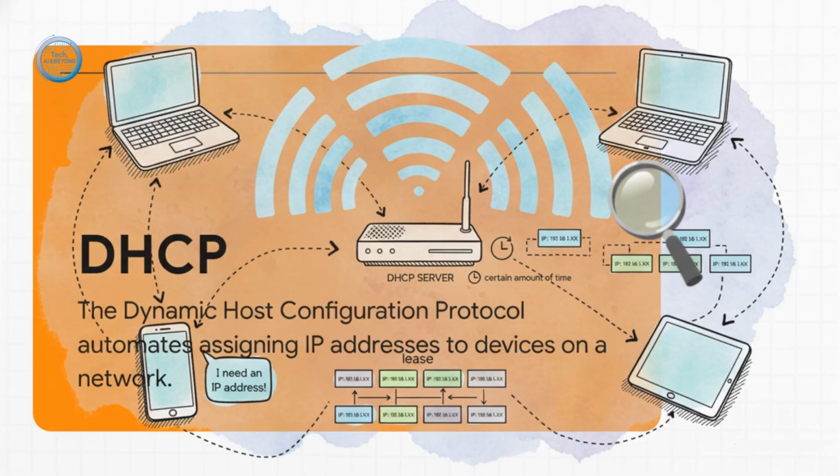And we have a protocol called the Dynamic Host Configuration Protocol, or DHCP, to thank for that. When your device joins a network, it basically just shouts out, "Hey, I'm here and I need an IP address." The router, acting as a DHCP server, hears that request, looks through its available pool of addresses, and leases one to your device for a certain amount of time. That whole back and forth negotiation is what we call dynamic IP addressing.